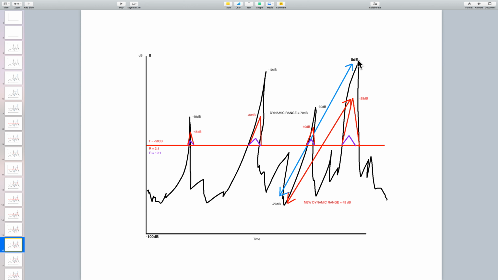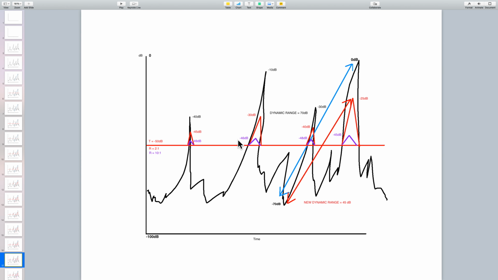And then this big one, which was 50 dB over, again reduced by a factor of 10 to 1, 50 dB becomes only 5 dB. So now these peaks are at, remember, add that, this was 10 dB and now it's 1. So add 1 to minus 50, you get minus 49. This was a 40 dB peak, which became a 4 dB over threshold peak.